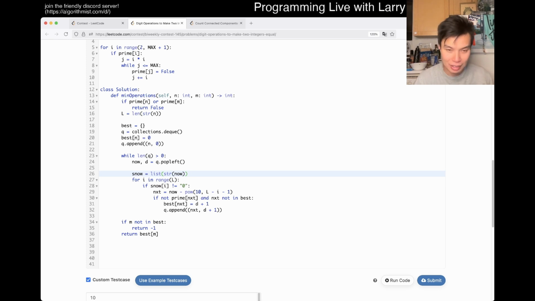How do I add leading zeros? I always forget how to do these. Is that fill?